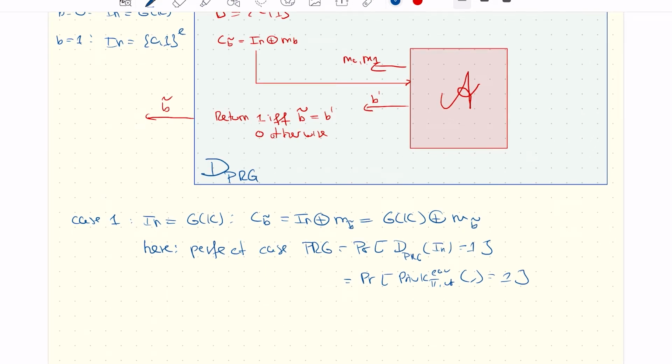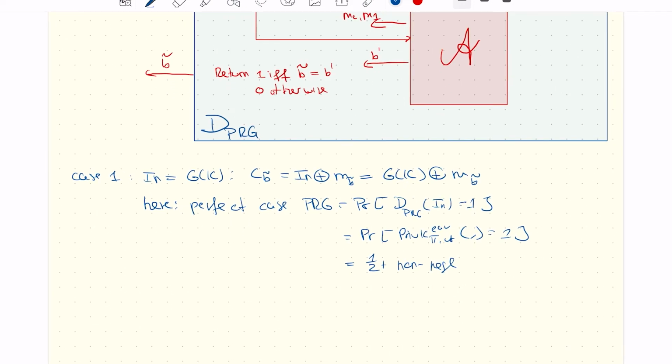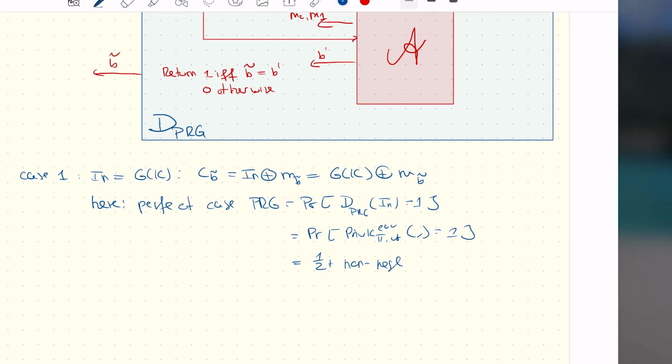Why is that? Well, because the inputs are exactly given as in the corresponding game, and therefore from A's point of view, this is exactly what it's expecting. And what we know is that the adversary wins this game with a probability 1/2 plus something non-negligible. Where is this coming from? Well, initially we assumed that we are given an adversary that wins this game with non-negligible probability.